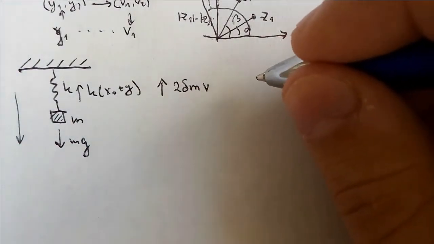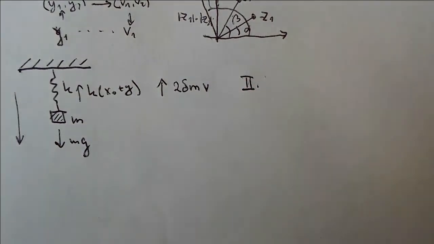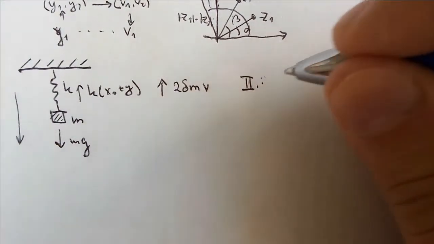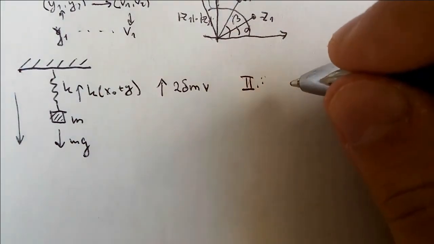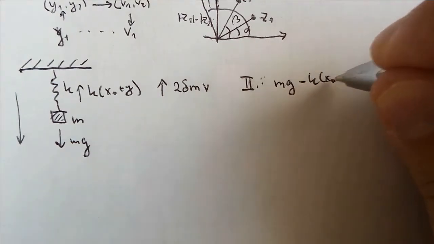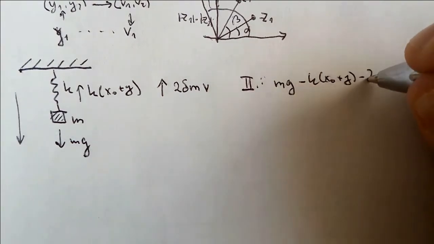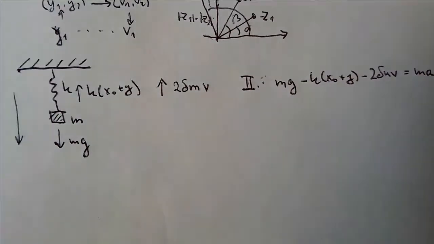I will now write the second law of Newton, the second law of motion, which states that all forces equal mass times acceleration, which means that mg minus k times x0 plus y minus 2 delta m v is m times acceleration.